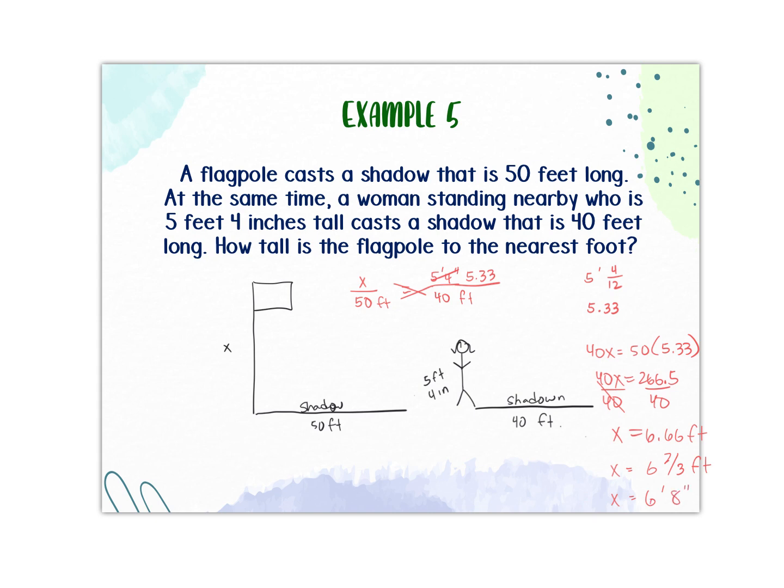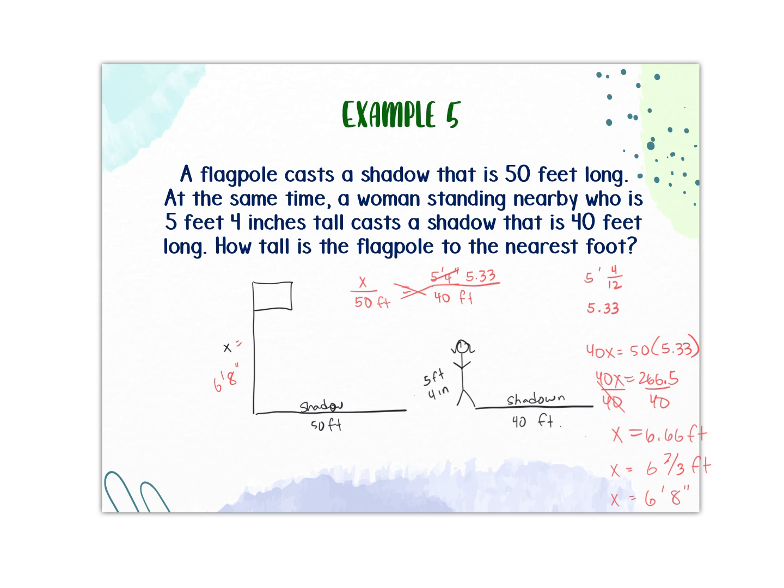And so, again, I know my flagpole should be 6 feet 8 inches. Now that doesn't seem very high for a flagpole, but that is the answer. I'm going to double check the math, but I think that is correct. And yeah, the numbers are right.